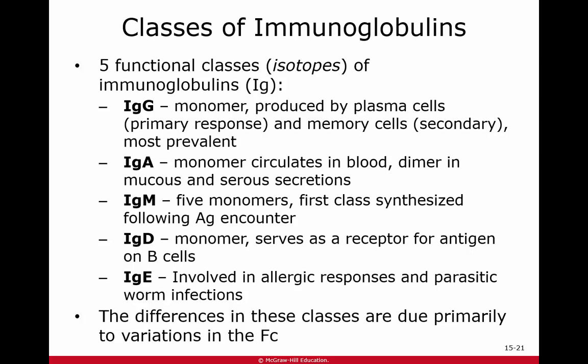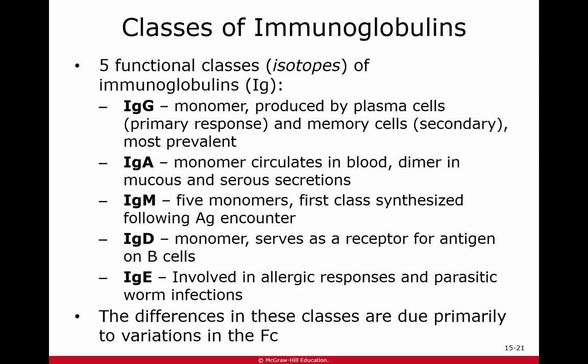We also see IgA. This is one that's heavily in circulation through your blood, and it's responsible for mucus and serous secretions. So when the epitope or the antigen binds to it, it's going to trigger fluid secretions. IgM is the first class that's actually synthesized following an actual encounter with an antigen.